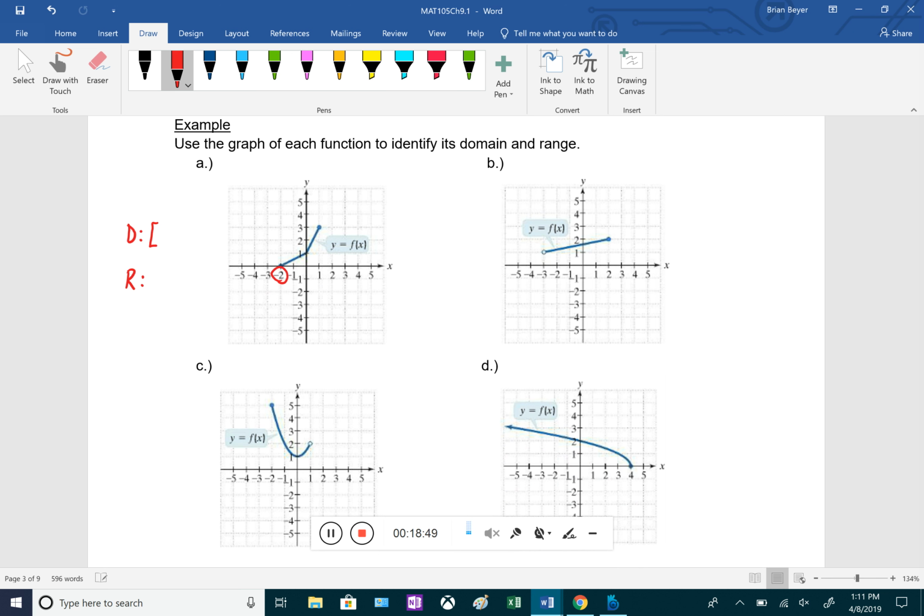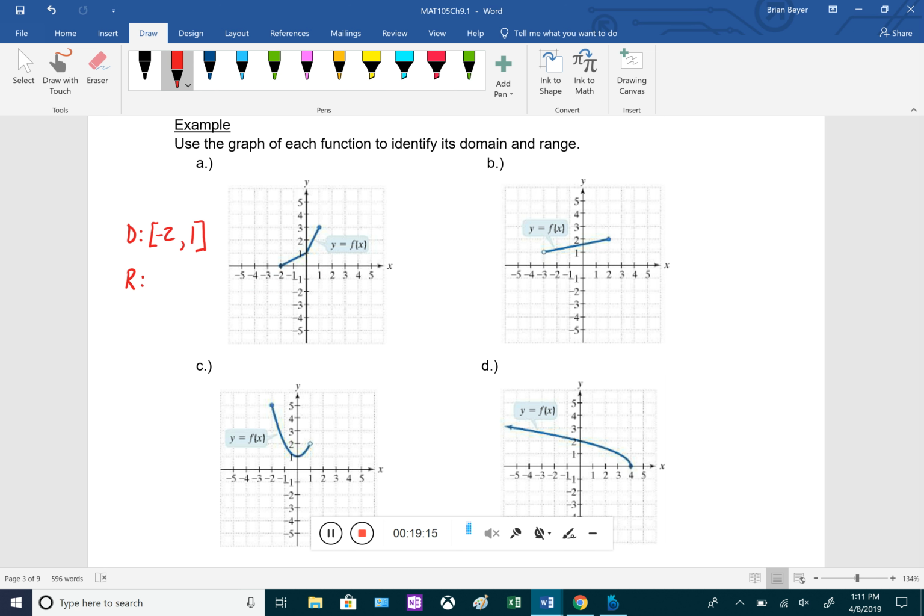So it's going to be from -2, comma, and then it goes until x equals 1. That's where it stops for the x values, and that also gets a bracket because it's a filled in circle, so we're including those endpoints. You can see how it looks like an xy coordinate, but it is not an xy coordinate. Those are just the x values. It's read as -2 to 1.